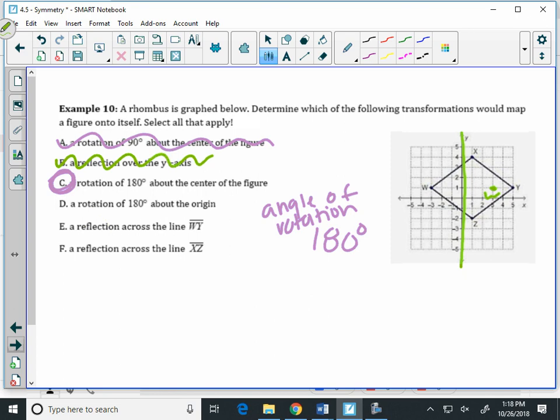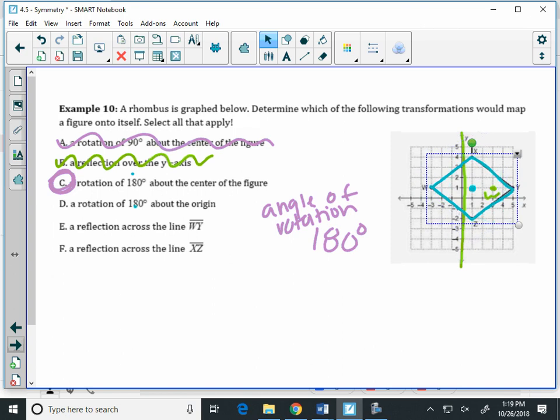We already circled C. You might be very tempted to circle D because they both have a rotation of 180 degrees. The one's saying about the center of the figure, meaning it's like if you, right now, take your pencil and put it right in the middle and hold it down on your paper and turn your paper, the rhombus kind of stays, the figure kind of stays where it's at.